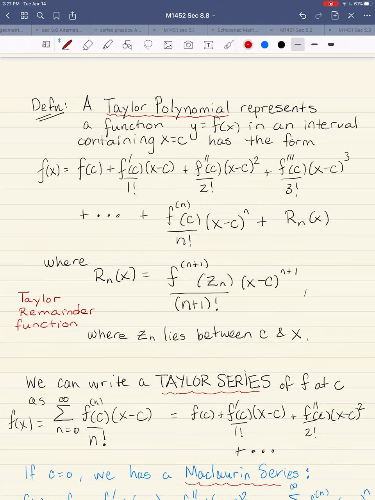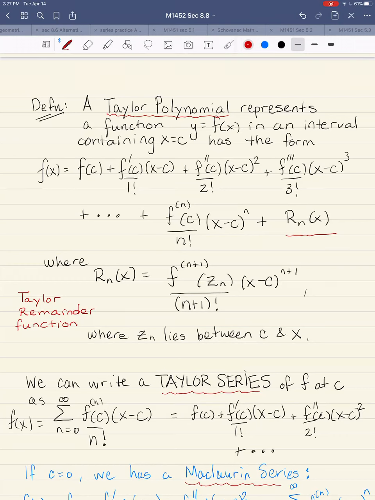so that the nth term would look like the nth derivative of f at c over n factorial times x minus c to the n plus some remainder function, where that remainder function is a polynomial that looks like the n plus first derivative of f evaluated at some zn, which depends on x, divided by n plus 1 factorial times x minus c to the n plus 1.